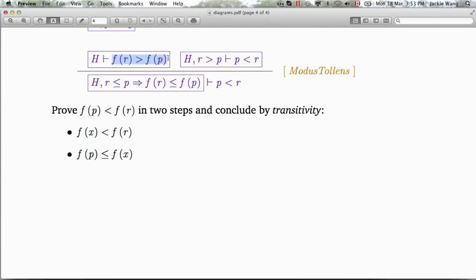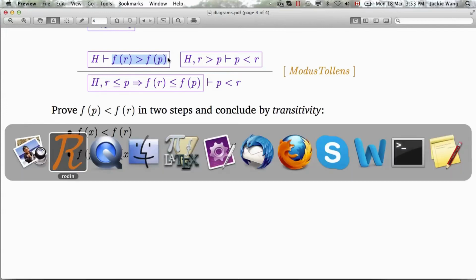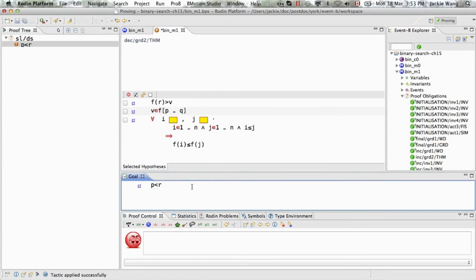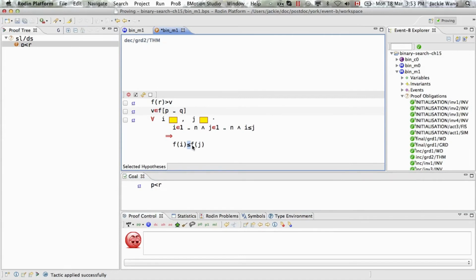Okay, but before we get there, let's just get back to Rodin and catch up with the process. Again, we are trying to prove something; the relation we are trying to get eventually will be R greater than P, which will be the negation of this relation here.